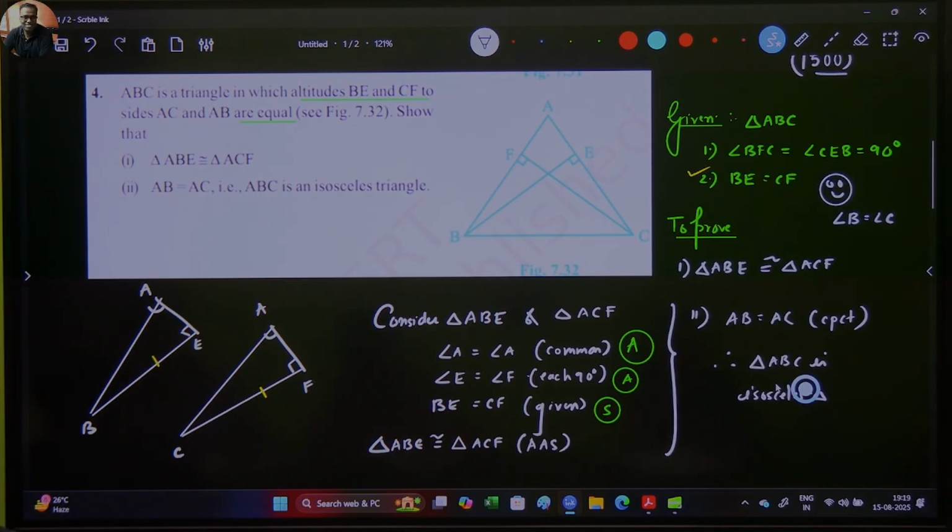The altitudes were given equal. How could we trace that? Otherwise, what is given equal? Why will they ask you to prove again? तो इंग्लिश को पढ़ना जरूरी है. इंग्लिश गलत पढ़ा आपने. Altitudes to the sides are equal. Are we fine? Yes, sir.